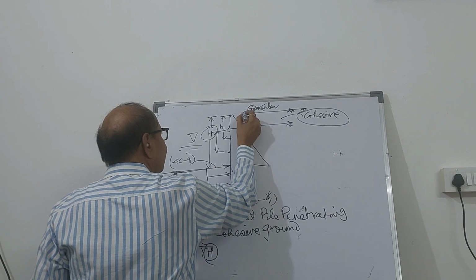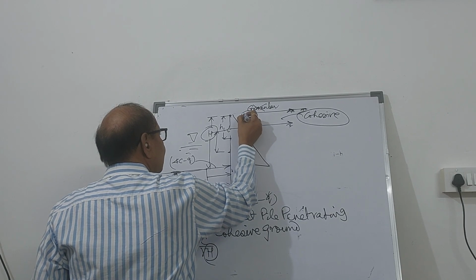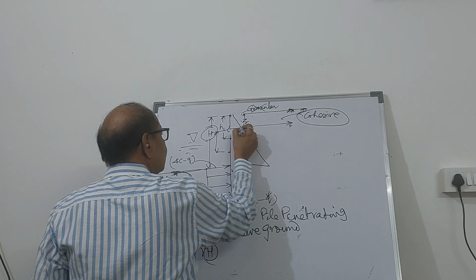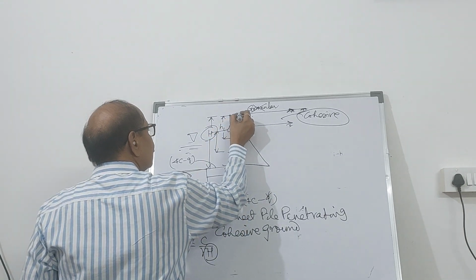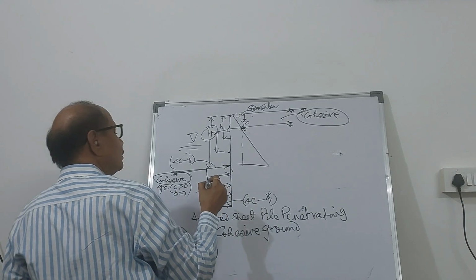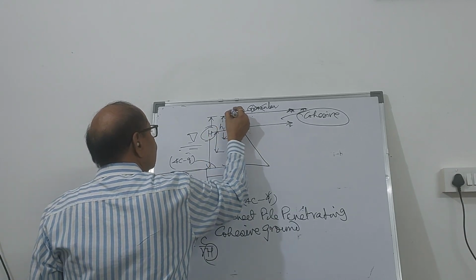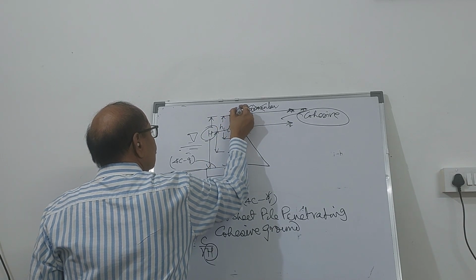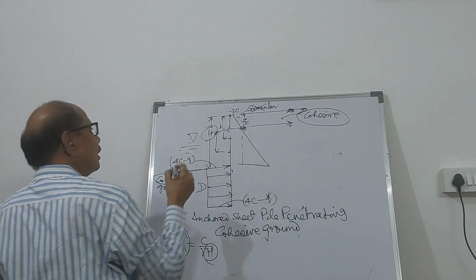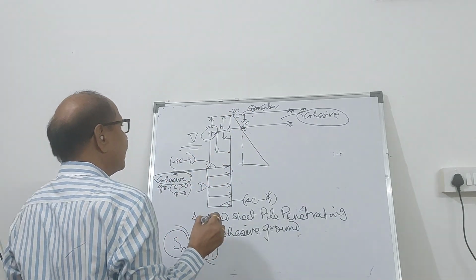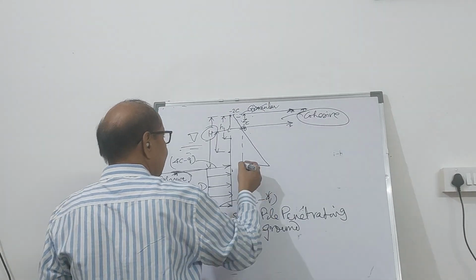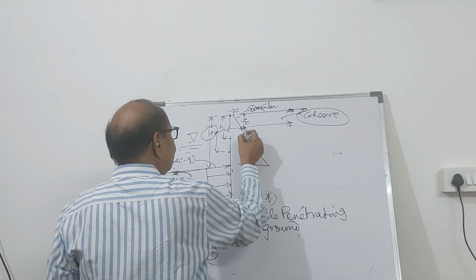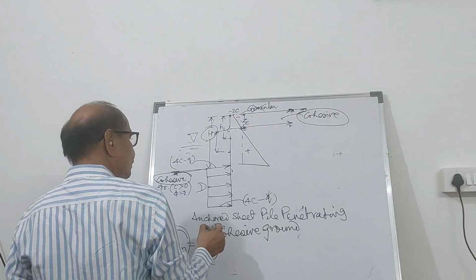At ZC, the pressure will become 0. And this is going to be negative pressure, so minus 2C under root K, K if you take it as unity. So this is the positive pressure, this is the negative pressure.